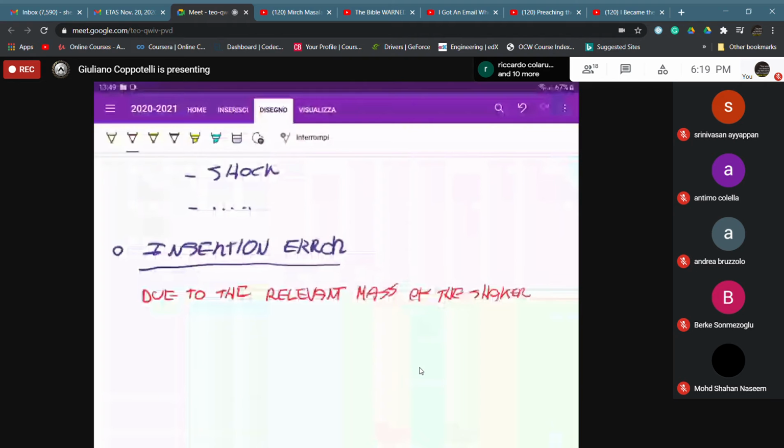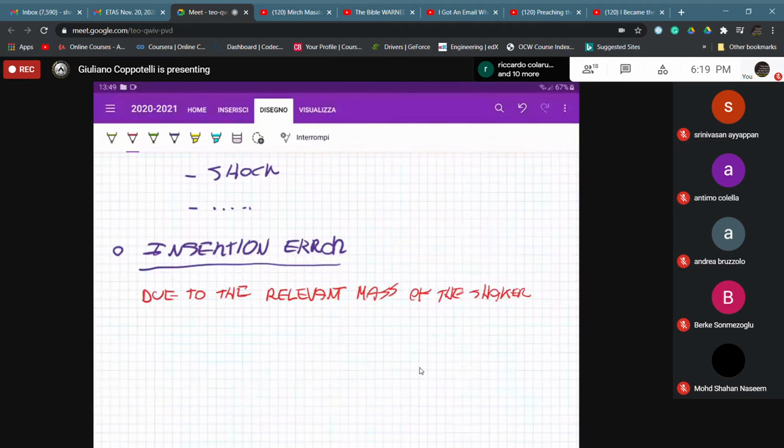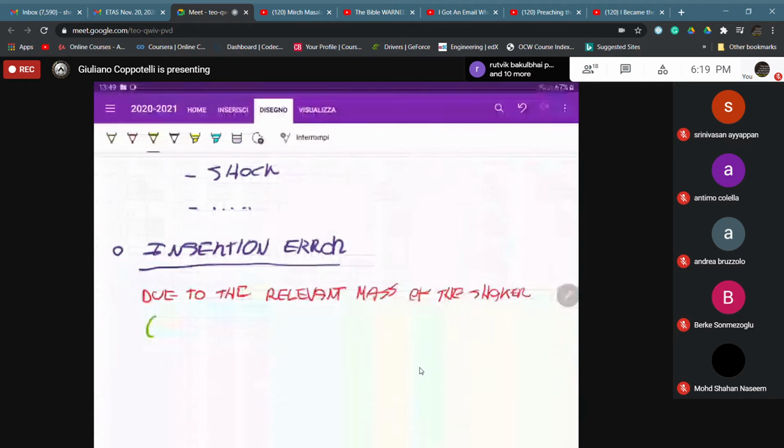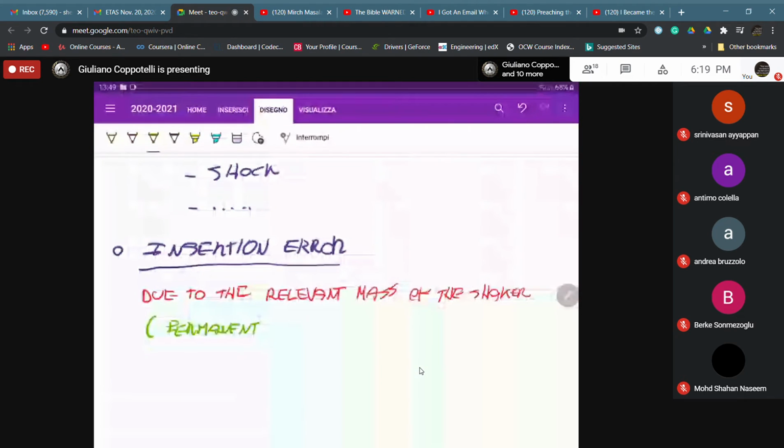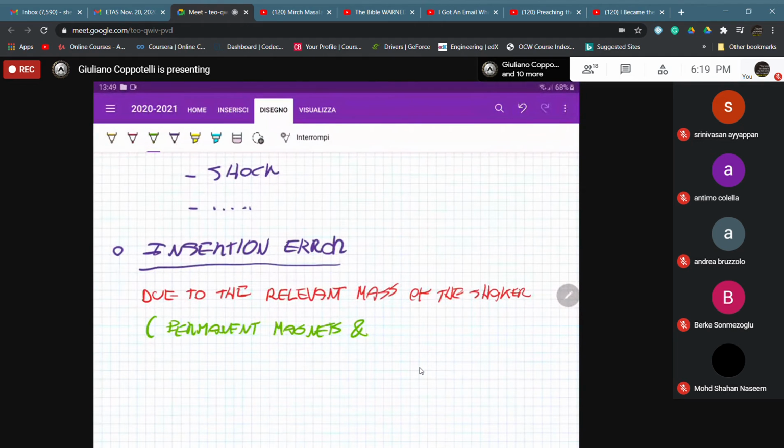So the real mass of the shaker is large, and I can write that: permanent magnets and decoupling reasons.